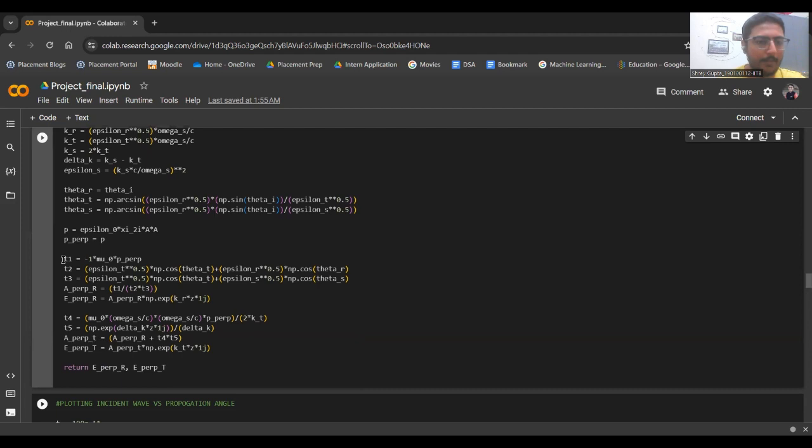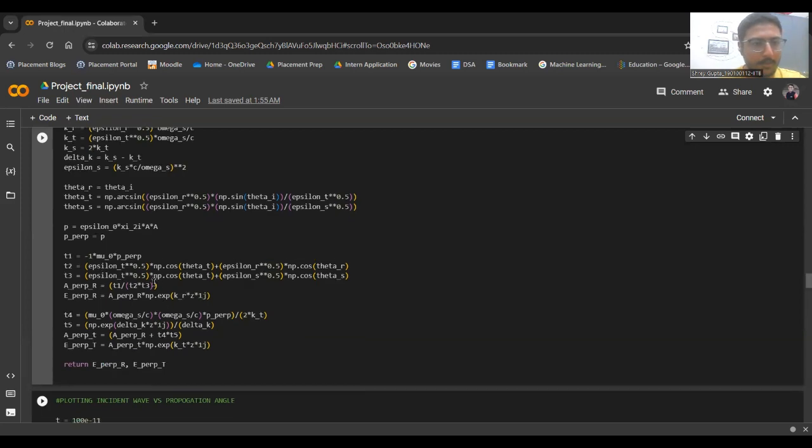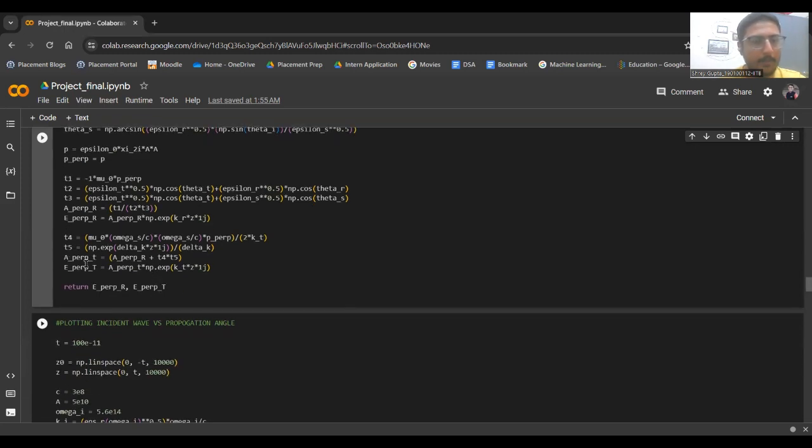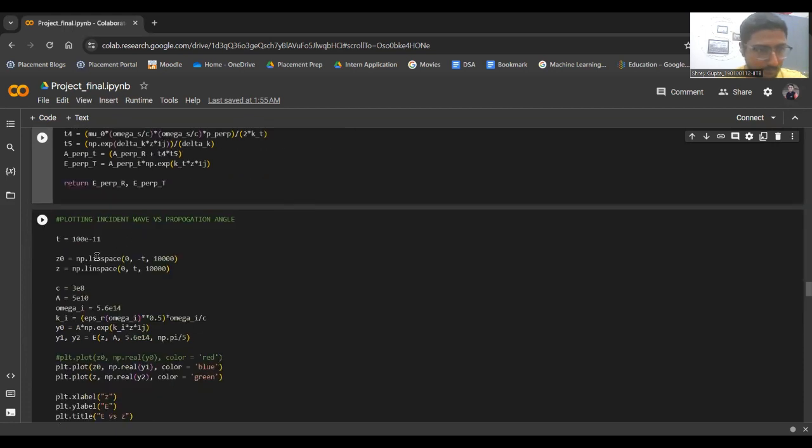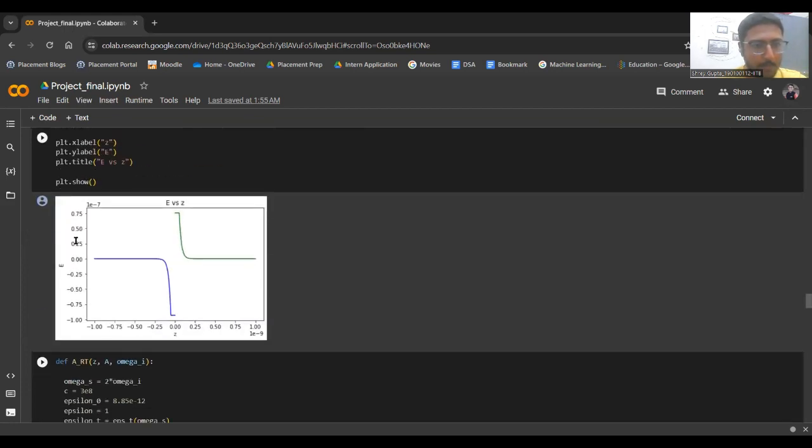We have defined T1, T2, T3 just for convenience in writing the amplitude perpendicular in a respective way and the electric field for the same. So we have defined this function, and we have also defined the amplitude of the transmitted wave and the electric field of the transmitted wave, which is returning this. So we have tried to plot all of this.